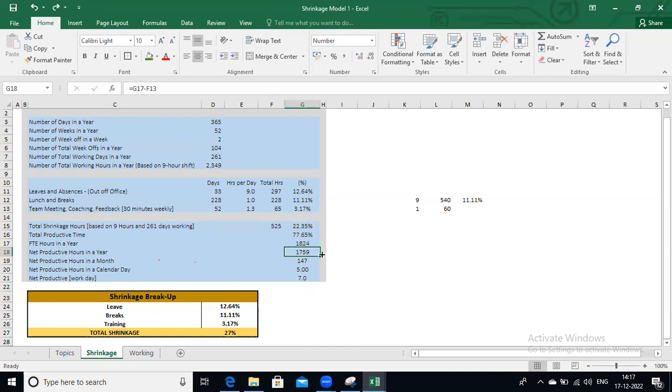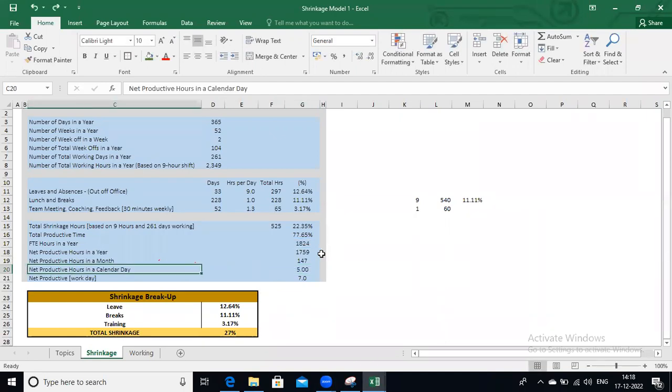So hours will be 1759, and the monthly hours will be 147. I have divided it by 12 and rounded up. So that is 147.